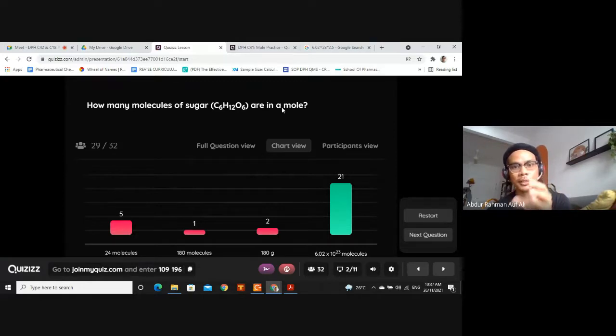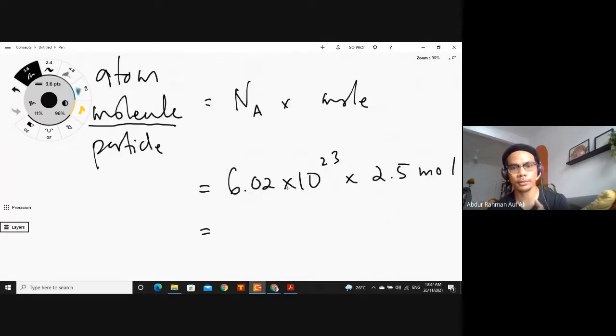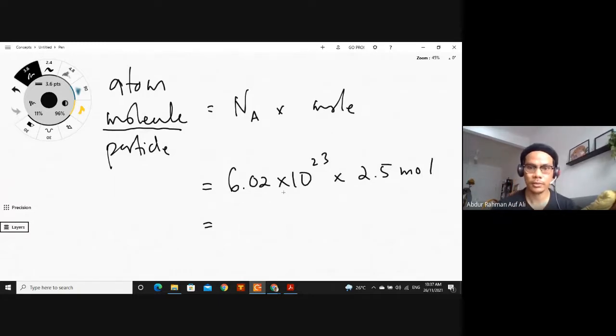So dia tanya kat sini, are in a mole. But how many molecules of sugar yang ada dalam 1 mole? So kita tahu 1 mole bersamaan dengan 6.02 darab 10 kuasa 23. Ha. 1 mole bersamaan dengan 6.02 darab 10 kuasa 23. So kalau kita ada 1 mole, kalau kita nak tahu bilangan molekul, 6.02 darab 10 kuasa 23 ni kita darab dengan 1 mol.